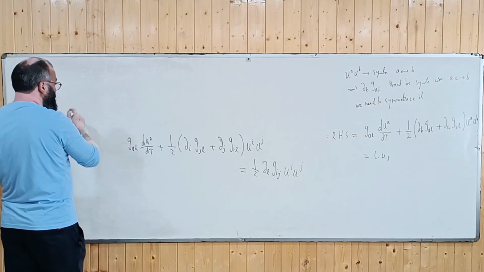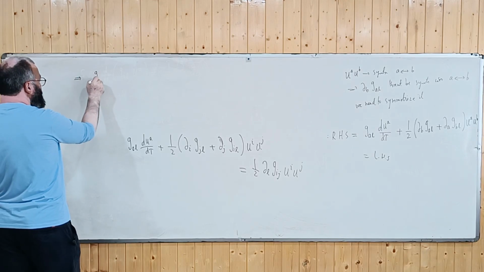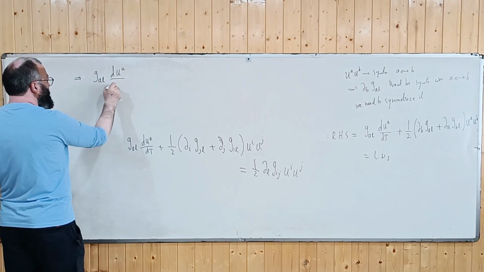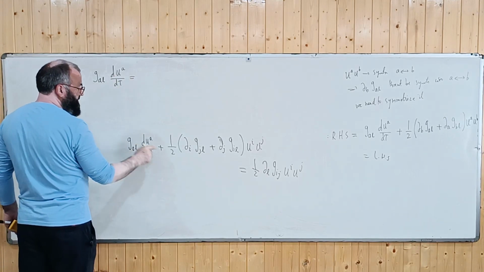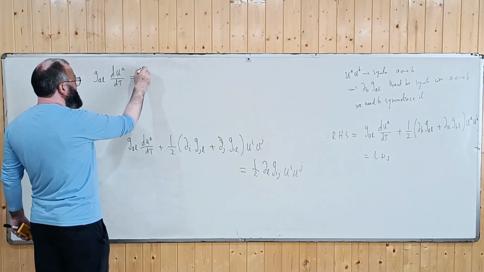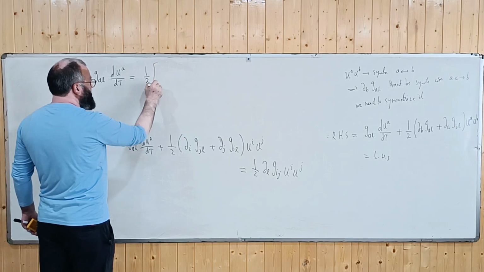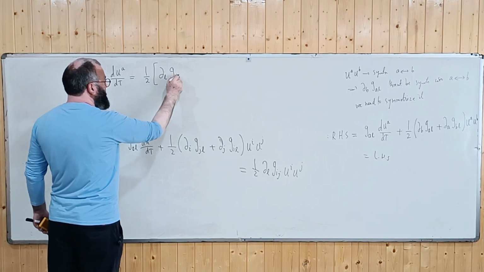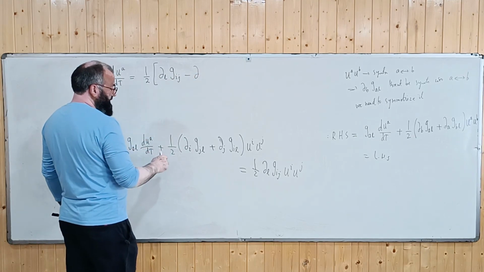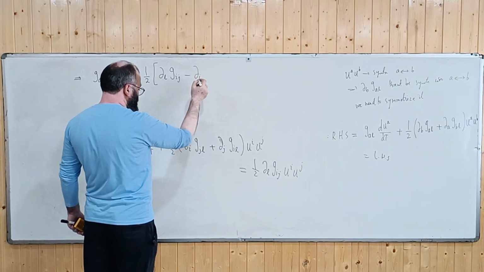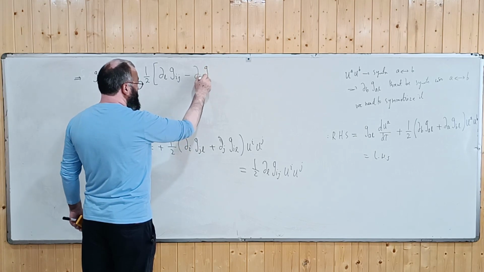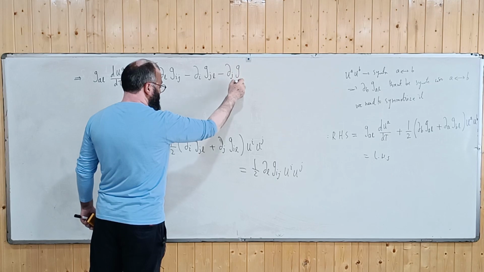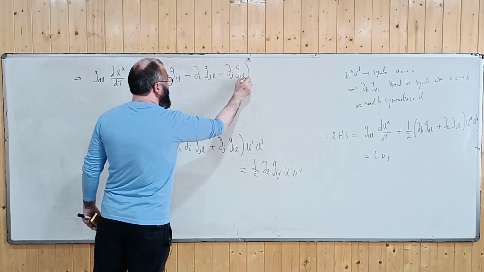So we have this equation: g_AL du^A/dτ is equal to, taking this to the other side, half of ∂_L g_IJ minus ∂_I g_JL minus ∂_J g_IL, times u^I u^J.